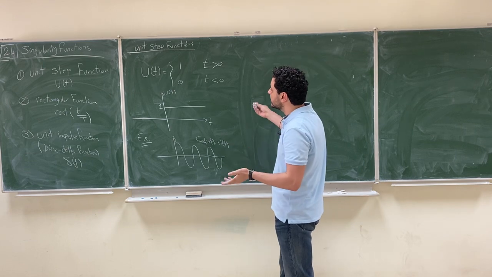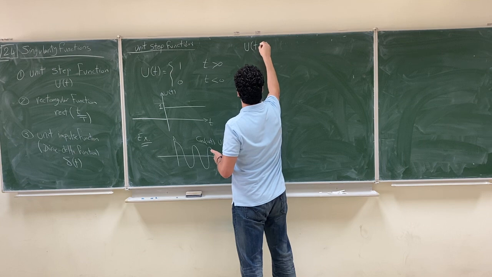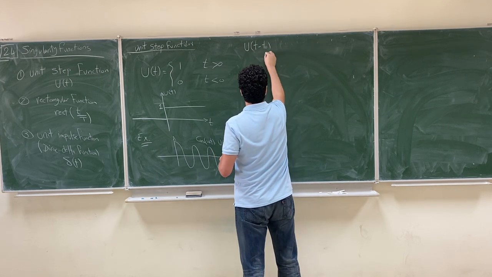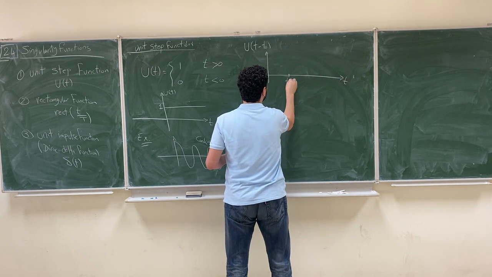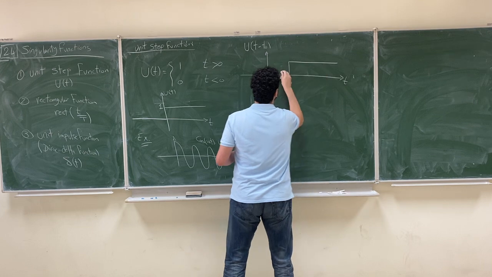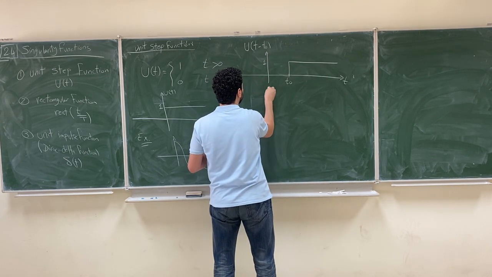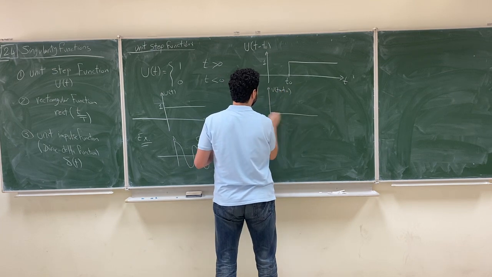Okay? Some properties for the unit step function, if you shift it, for example, if you say u of t minus t naught, then it will be shifted right, and it will start from t naught, like this. If you shift it left, if you say u of t plus t naught, then it will be shifted left.